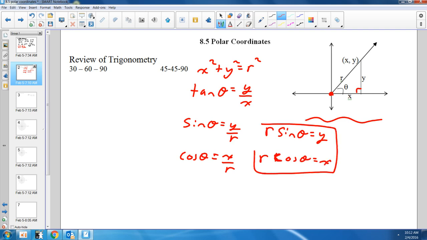So these four are ones that you can use in your conversions as we start going through this. All right, so I have equations that I can go between, converting between polar and rectangular form.